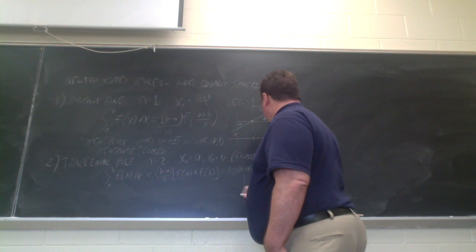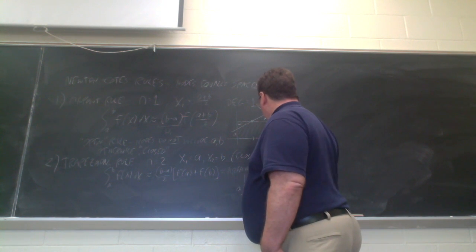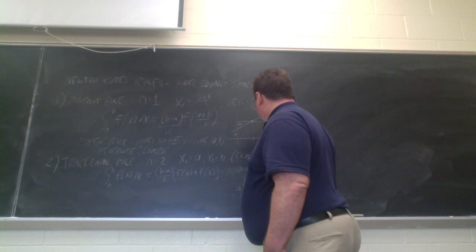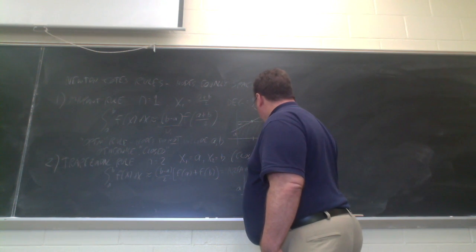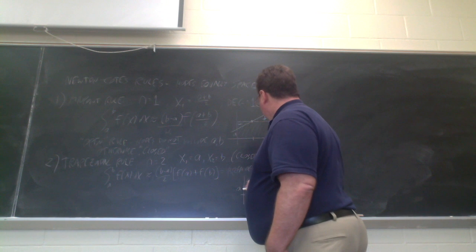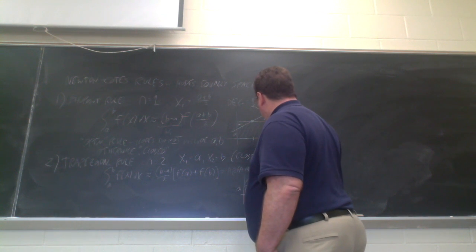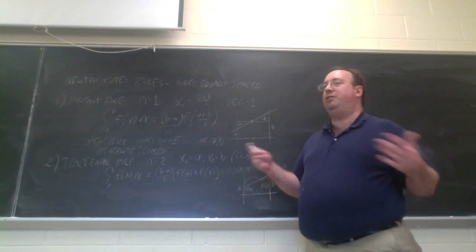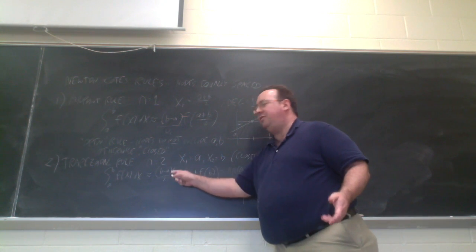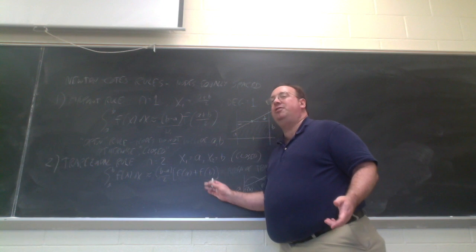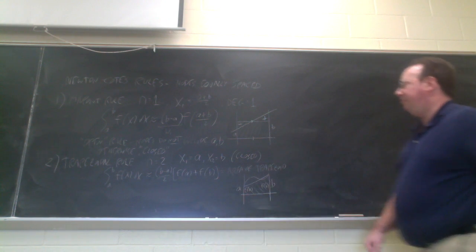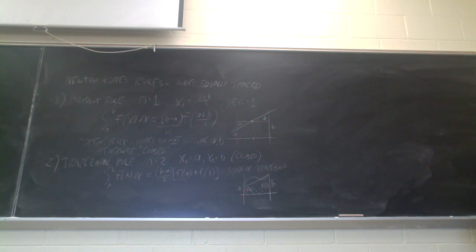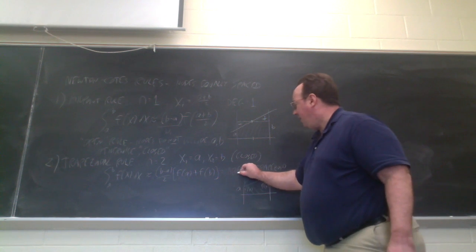Here's your interval AB, here's your f of x, and you make a trapezoid with heights f of A and f of B. What is the formula for the area of a trapezoid? It's the width of the base, B minus A, times the average of the heights, 1/2 (f of A plus f of B). So that's where the trapezoidal or trapezium rule gets its name.